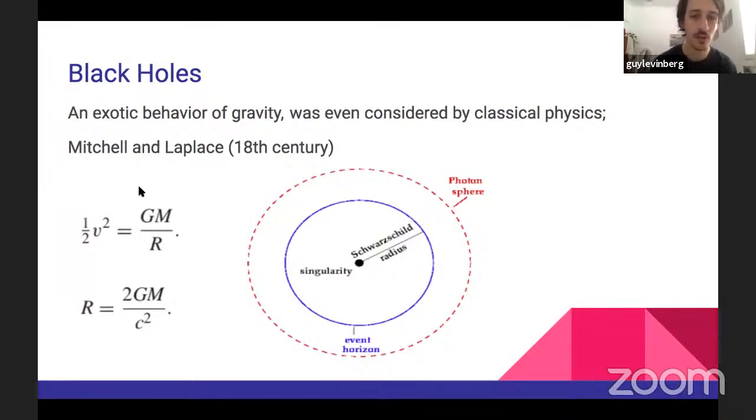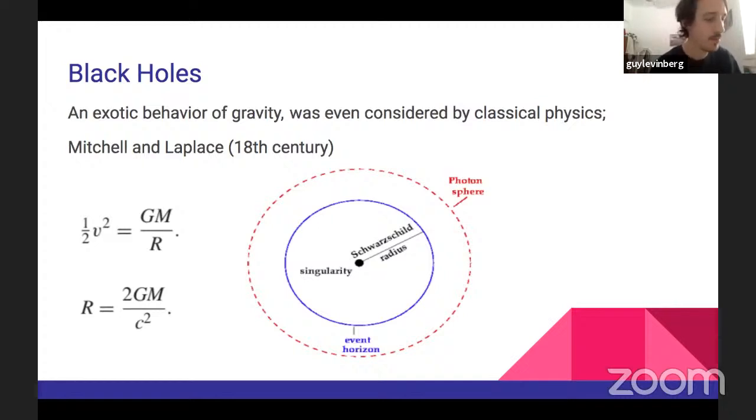Without dwelling too much on general relativity, I found that you could explain this even in a classical Newtonian way. People did it in the 18th century, Mitchell and Laplace.